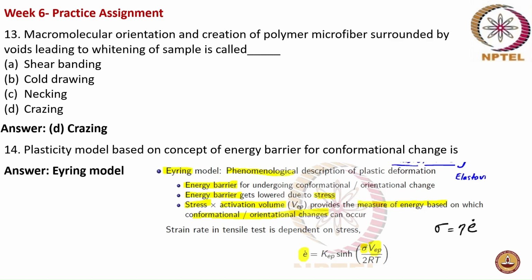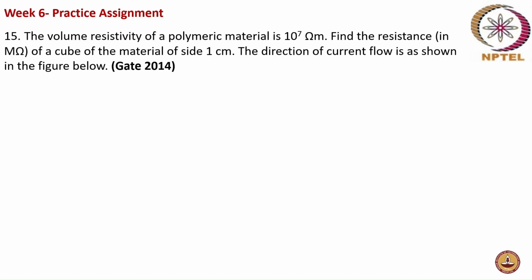The Eyring model is actually based on an energy barrier, so it has this activation energy kind of relation. Whereas the Ramberg-Osgood model is based on a power law relation. There is a linear term plus a power law term of stress to modulus.